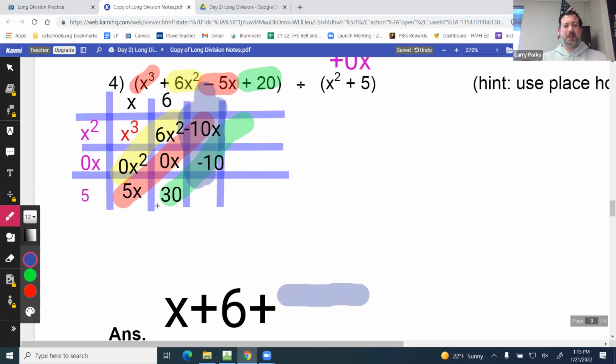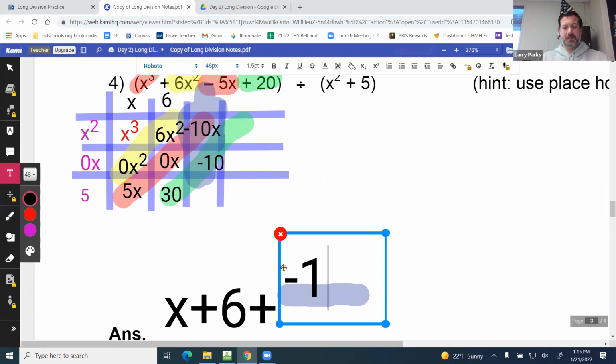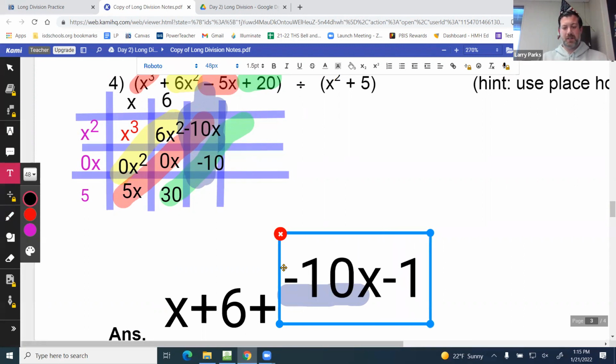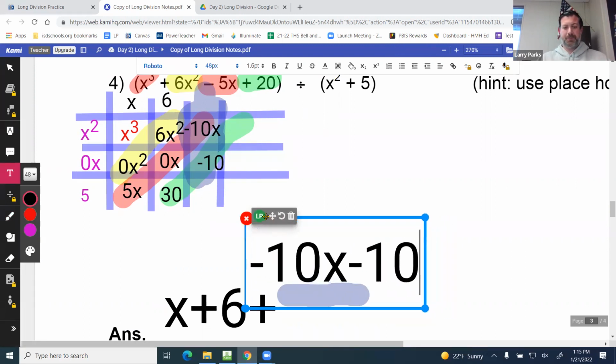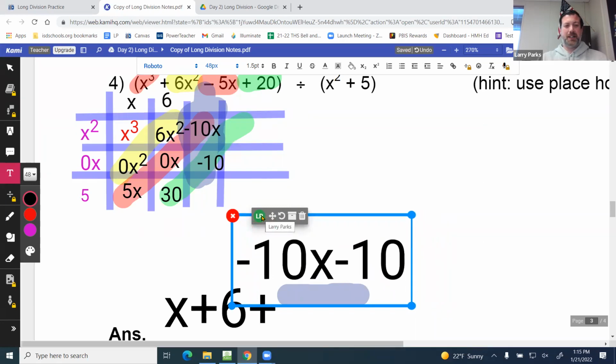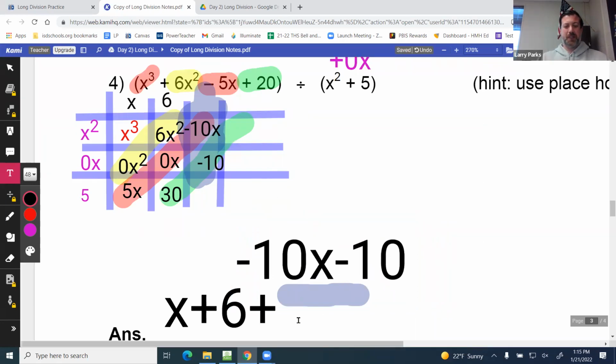And what goes on top? Your remainder. Our remainder is negative 10x minus 10. And that's divided by what you divided by. That's x squared plus 5.